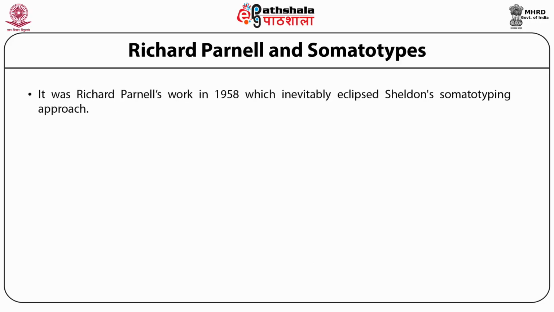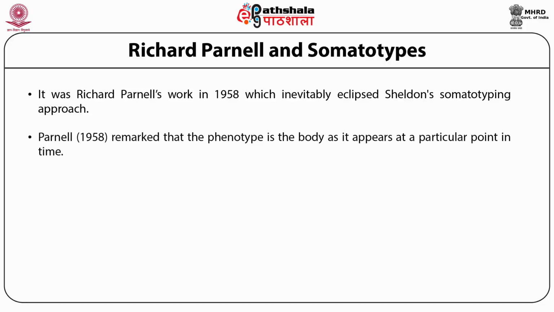His work inevitably eclipsed Sheldon's somatotyping approach. He described a method known as Parnell's M4 deviation chart method to objectively somatotype human subjects by physical anthropometry. Therefore, Parnell's method of somatotyping was considered to be more objective as compared to that of Sheldon.